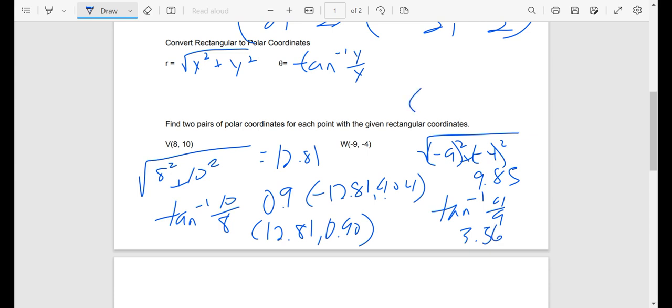So we have one point of 9.85, comma 3.56. Once again, flip sign, add pi. Or you can subtract pi, either or. I'll subtract pi in this case. You get 0.42.